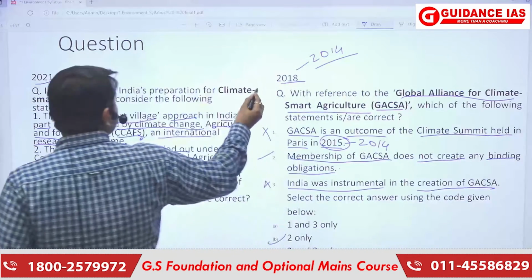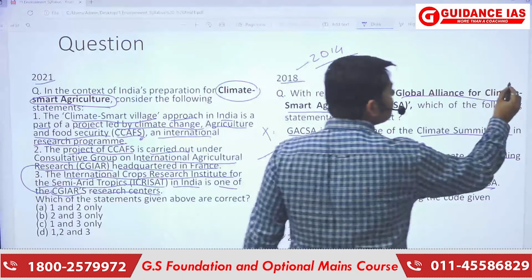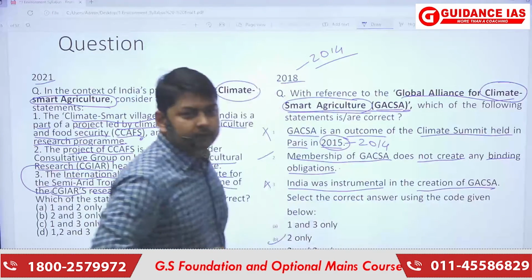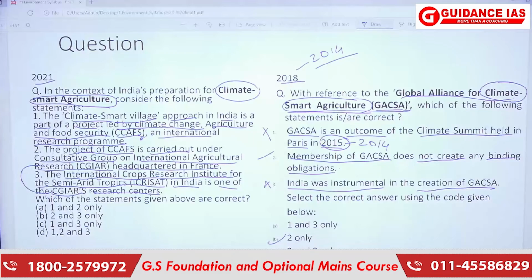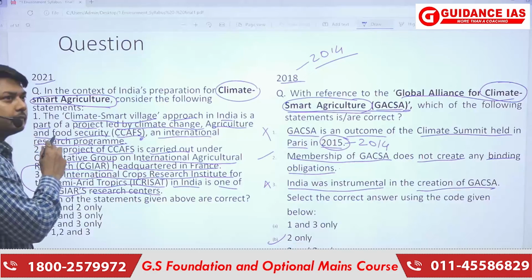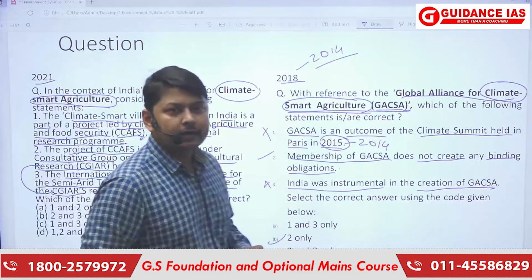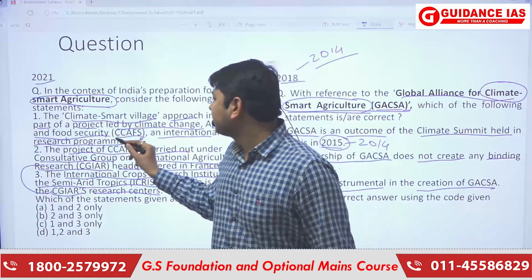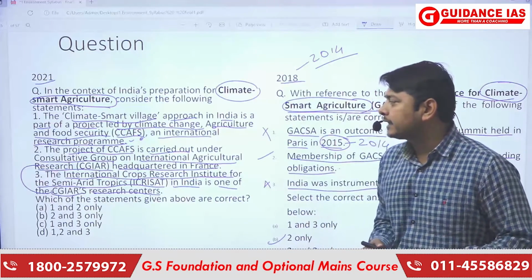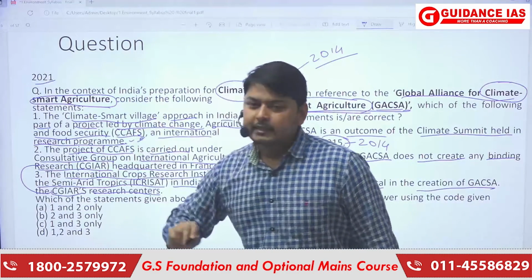These two questions are basically based on climate smart agriculture. These are two different aspects of it that UPSC has taken. Under this question, if we go through the current affairs properly, statement 1 is correct. The climate smart village approach is part of a project led by CCAFS.